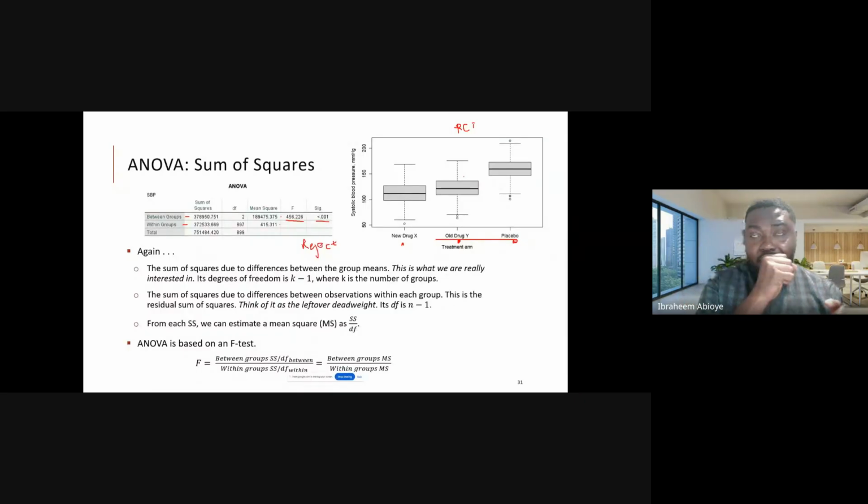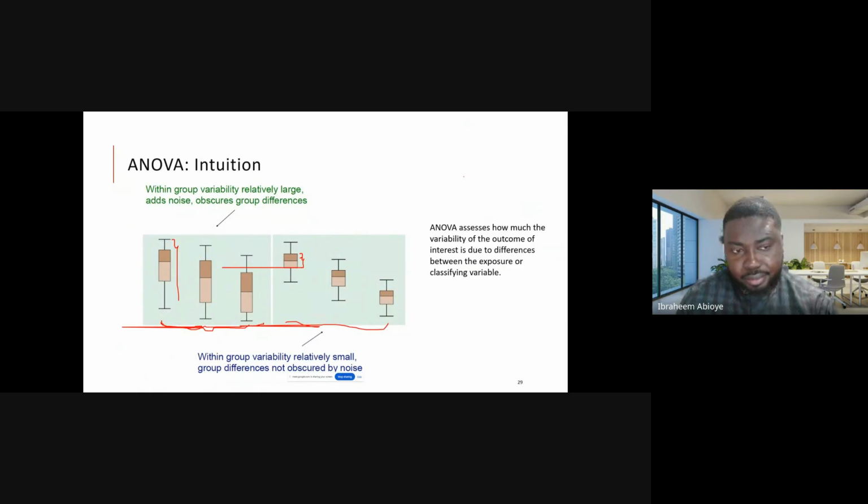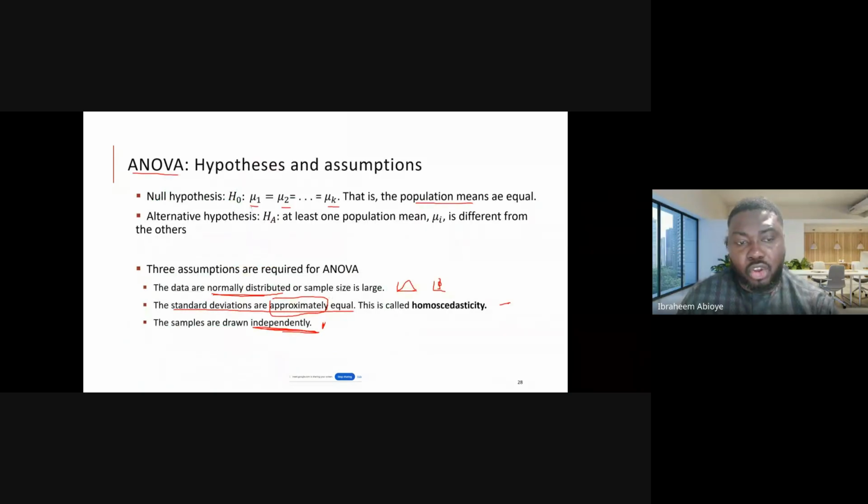And if there is no difference, it is because the mean and the variance are equal. So if you go back to this, the null hypothesis assumes equality, and the alternative hypothesis says at least one population mean is different.